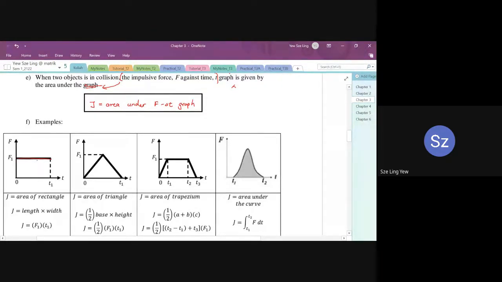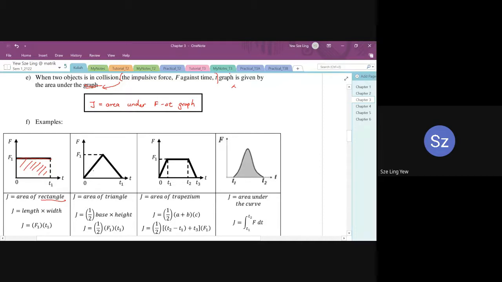The amount of force exerted on the object is the same. So J equals the area of the rectangle, because now you have a rectangle here. So for the first graph, J is just equals to F times t. For the second graph, now you have a triangle graph, and this is a graph that we will see quite often. Why?